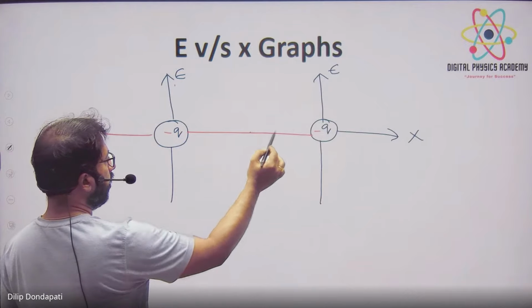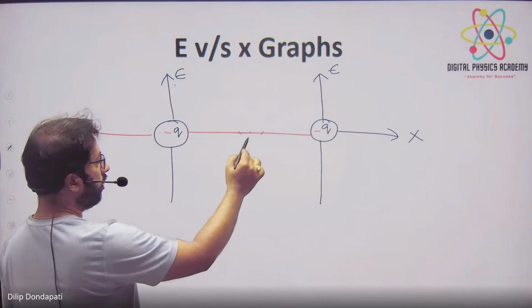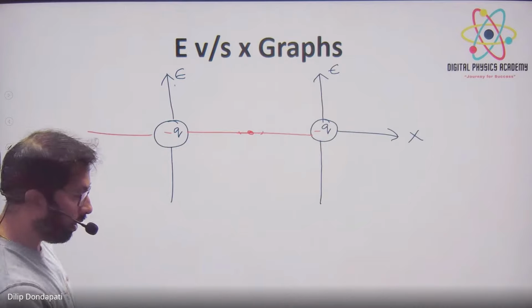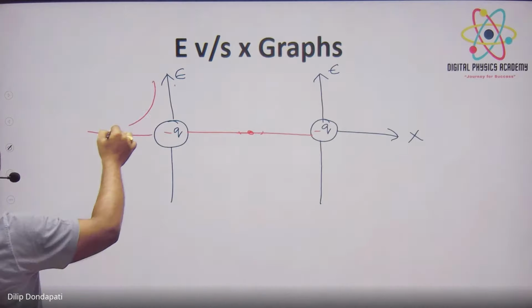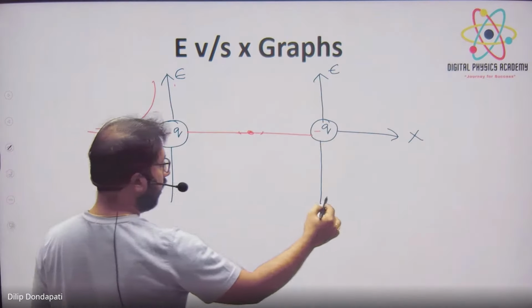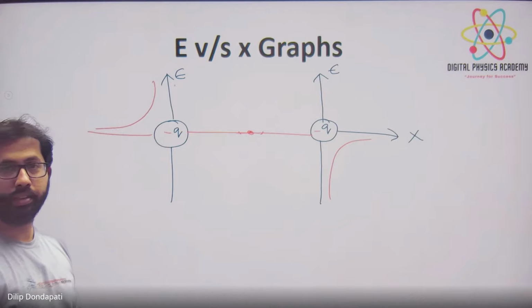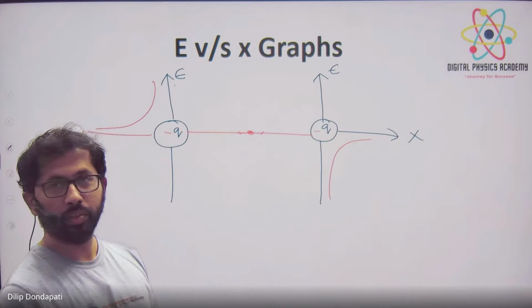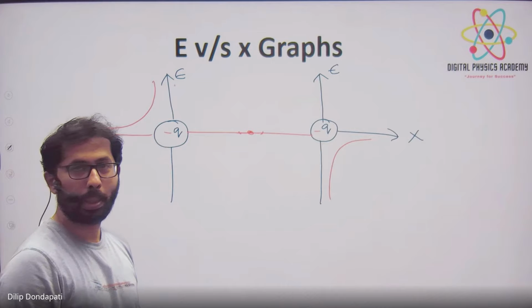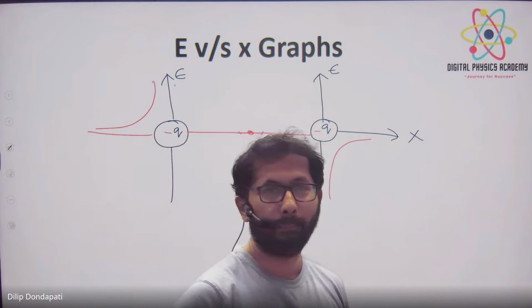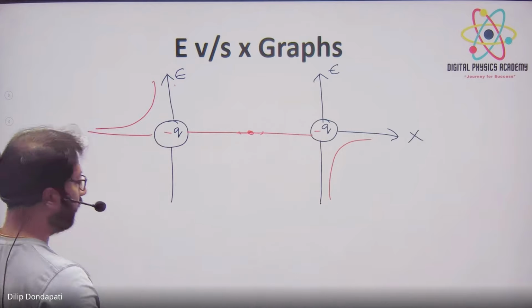Because at this point the electric field is towards and towards, so there are chances of it being zero. Now how is it? This one will come like this, and this one will come like this. In between, how did you get it? You got it like this. Show me. Very good.